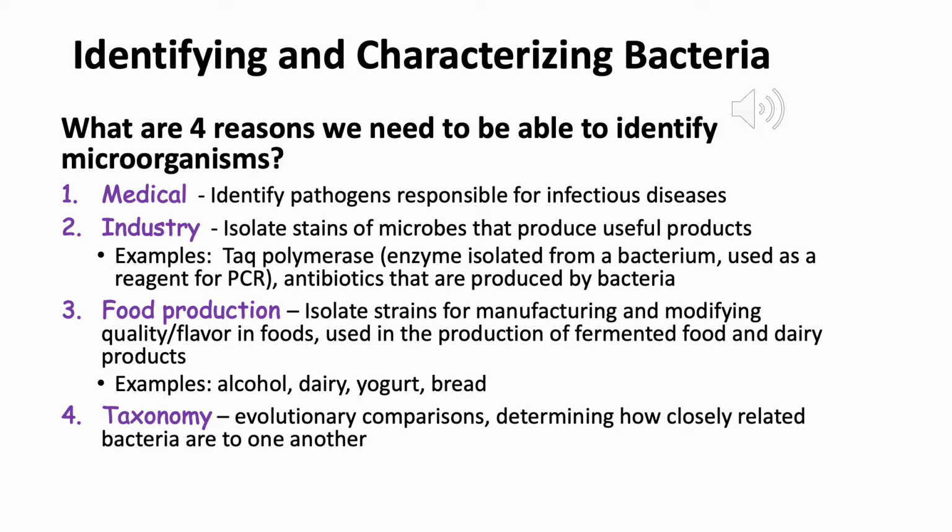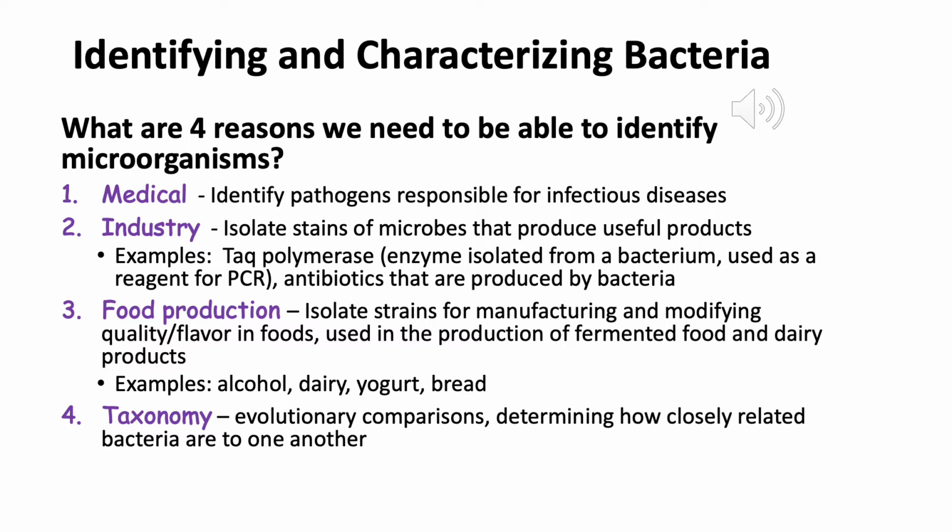The second major reason is in industry. In industry, we might isolate strains of microbes that produce useful products. So, for example, in the biotech industry, there's an enzyme called Taq polymerase that's very commonly used. It's an enzyme that was isolated from a bacterium, and it's used as a reagent in PCR reactions.